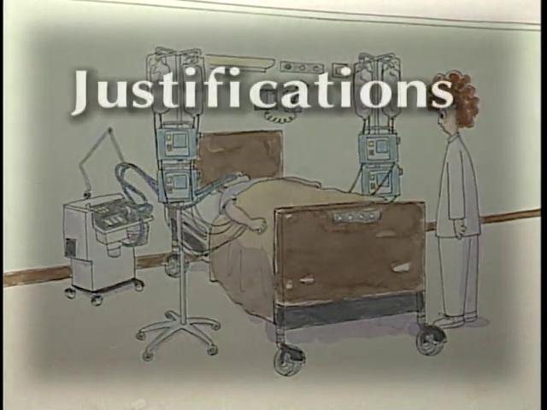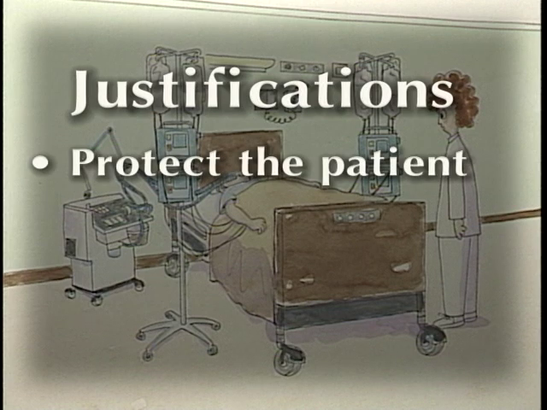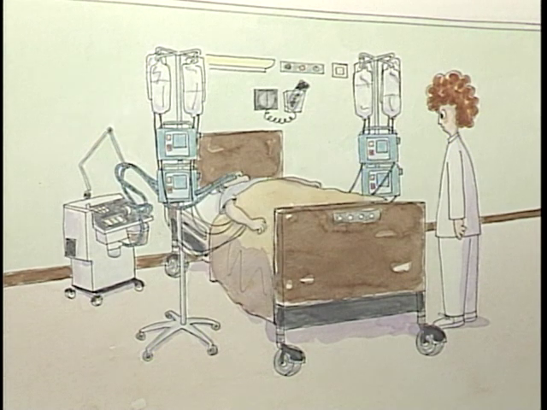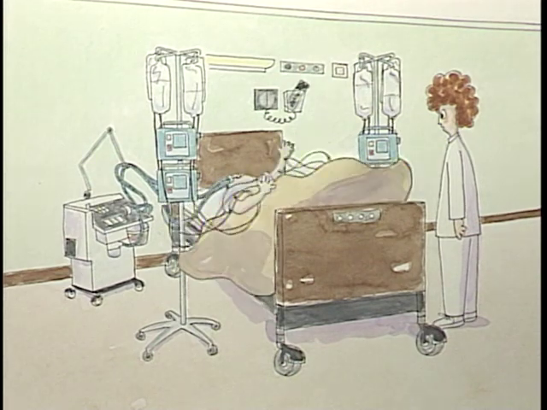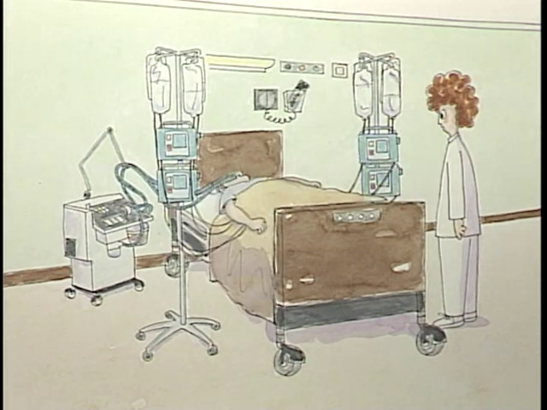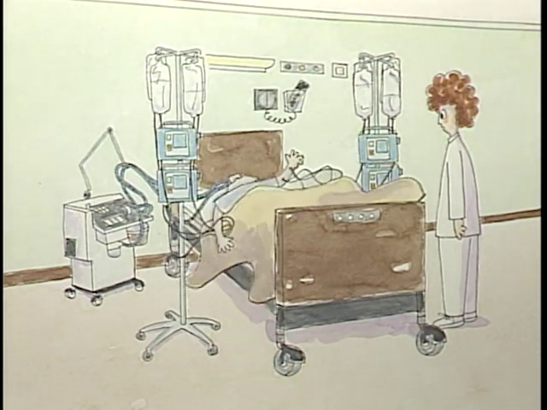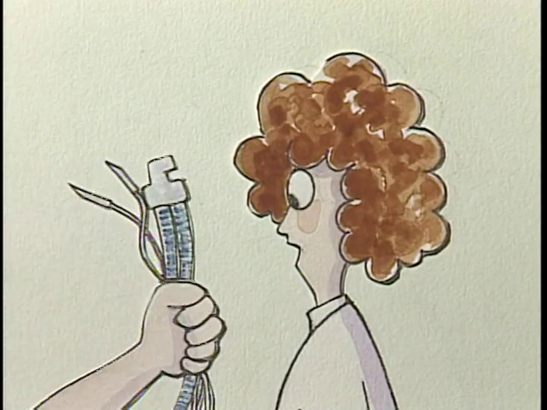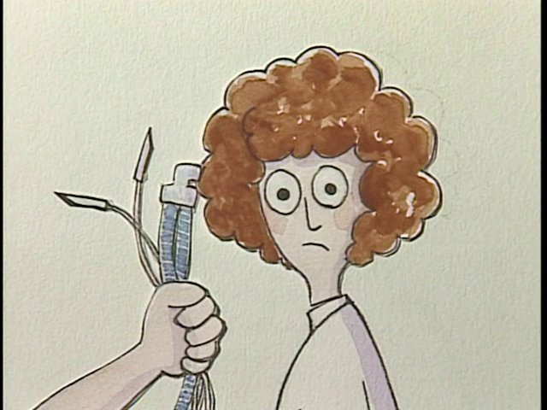There are only 2 justifications for the use of restraints: to protect patients from injuring themselves and to protect others from the patient. During acute medical or surgical care, patients may unintentionally injure themselves by pulling IVs or endotracheal tubes. The restraints are a normal part of the patient's medical and surgical care.